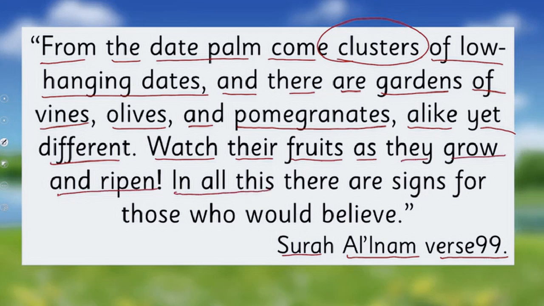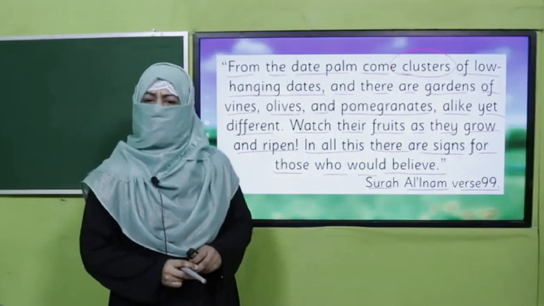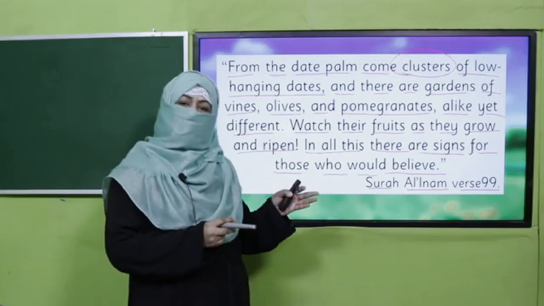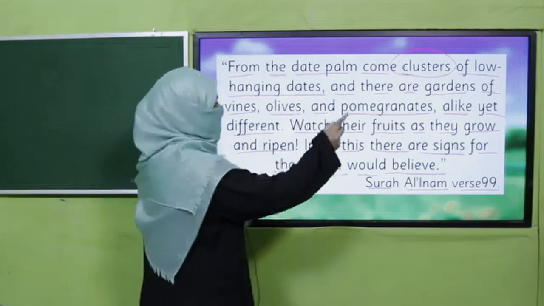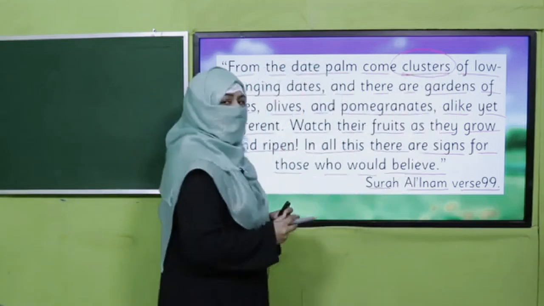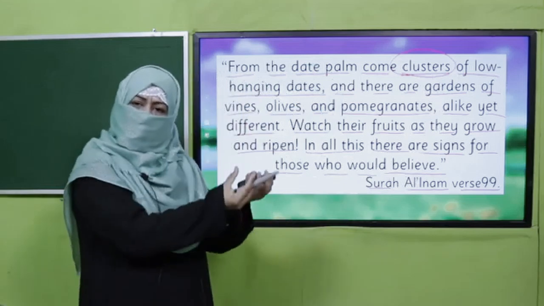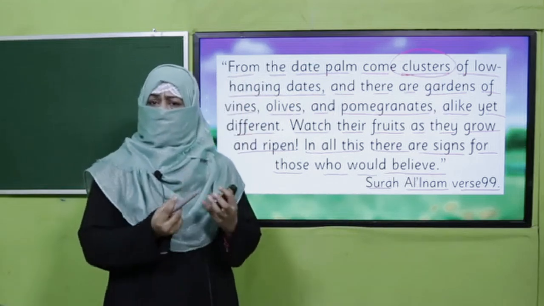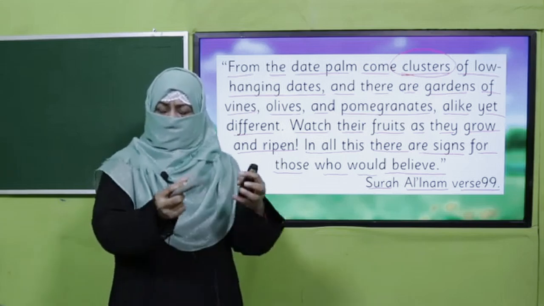In all this, there are signs for those who would believe. Yes, my dear children, this is a beautiful verse telling us how the fruits are in Jannah. And here this special word, cluster, I have mentioned it. So the cluster of dates will be low-hanging, subhanallah. So what does cluster mean? Cluster means alike things when they are joined, when they are grouped together.